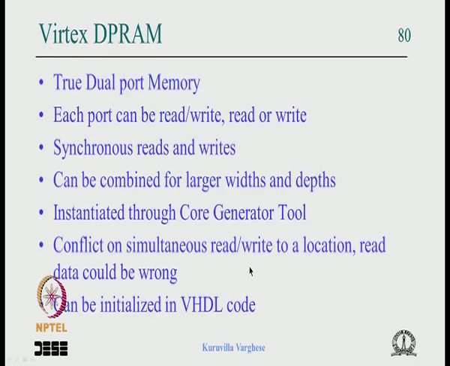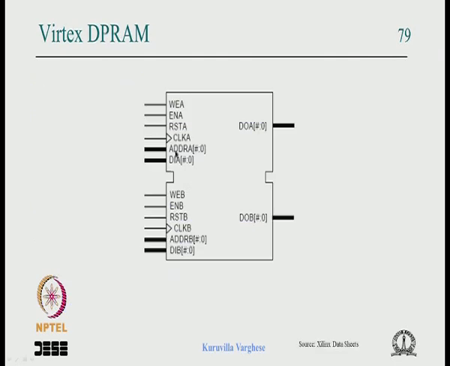So it's true dual port, each port can be read or write, or only read, or only write. It's all synchronous, it works with the clock edge: when a clock comes this gets latched, the address is used, data is used. Similarly when a clock comes the read happens.